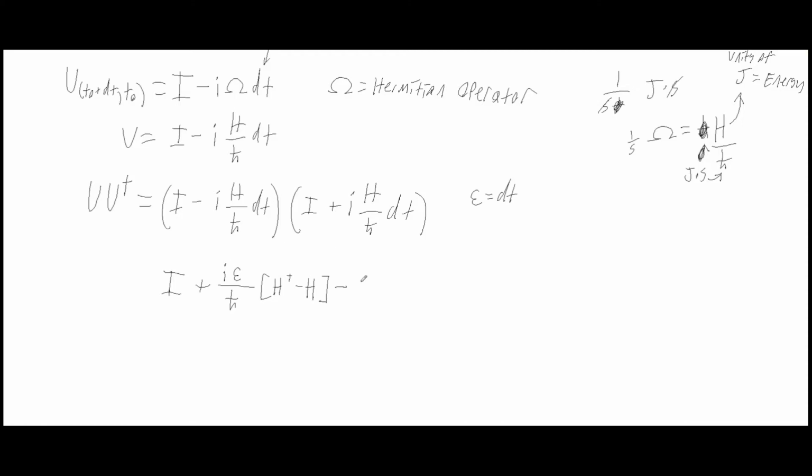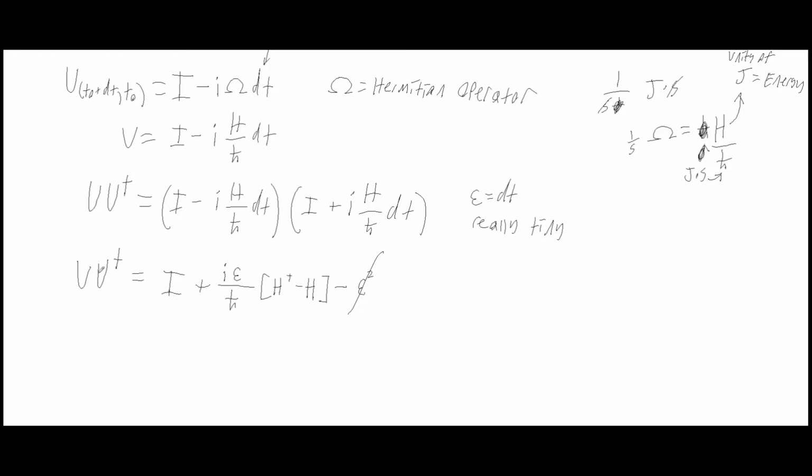We said epsilon was really tiny, and something really tiny multiplied by something really tiny is so small that we can just ignore it. So we are saying that U times U dagger is equal to this.